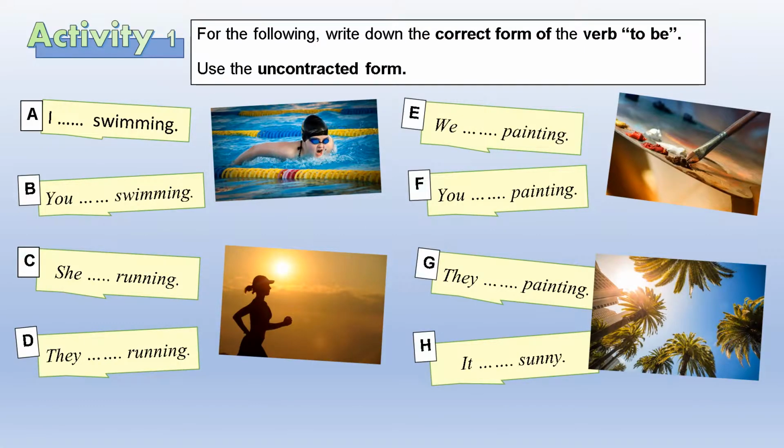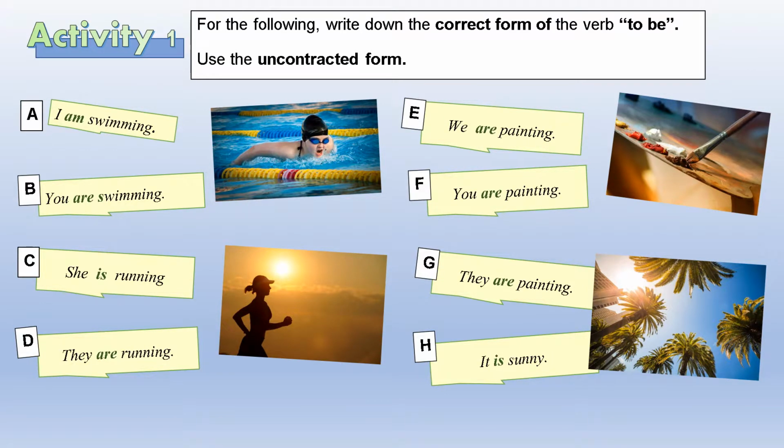Activity 1. For the following, write down the correct form of the verb to be and use the uncontracted form for this. I'll give you a moment for this, and if you do need a bit longer, you could pause the video. Here are the answers. A. I am swimming.